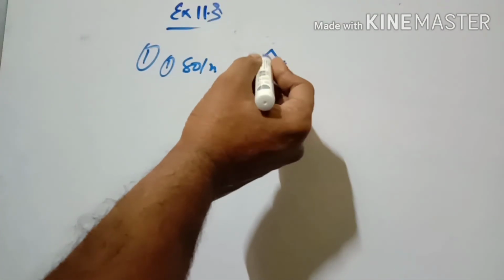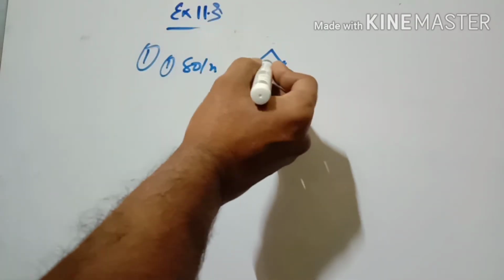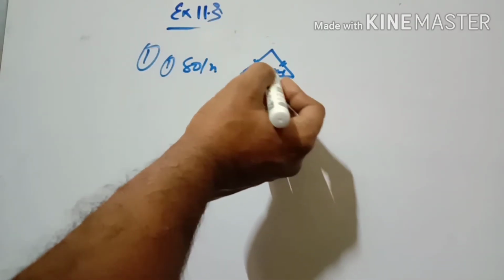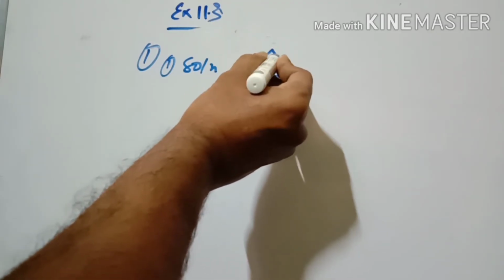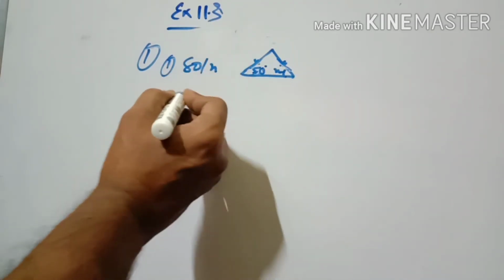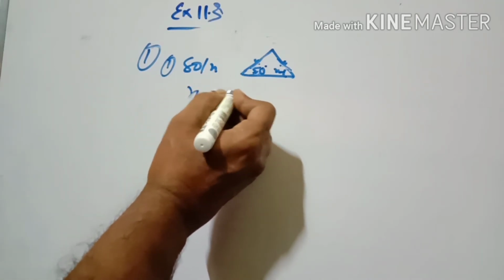Now see, it is given according to your figure, exercise 11.3. This is 50 degree, this is x. We have to find out x. See, this side is equal to this side, it is already given. So therefore x equal to 50 degree. Why?